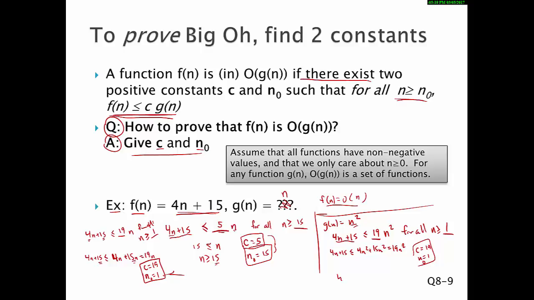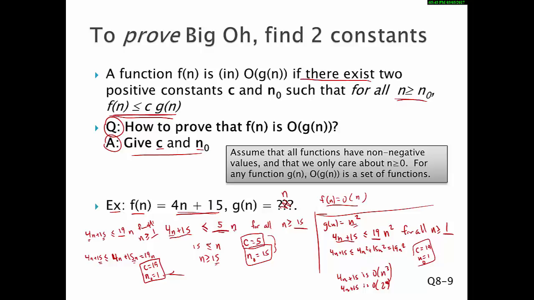How about, could I say 4n plus 15 is big O of n cubed? Sure. Just plug in an n cubed here and work through the same thing, and you're going to find that it's true. Could I find that 4n plus 15 is big O of 2 to the n? Yeah, pretty much everything is big O of 2 to the n. 2 to the n grows so fast that the inequality is going to be true really no matter what.